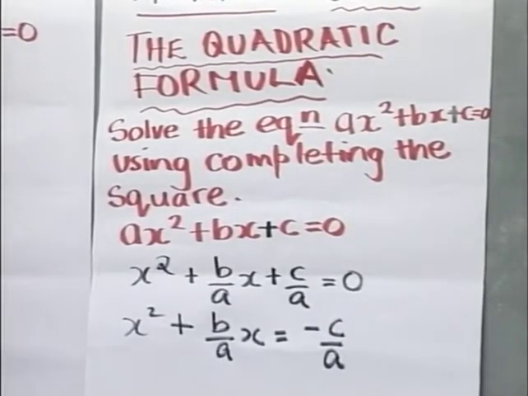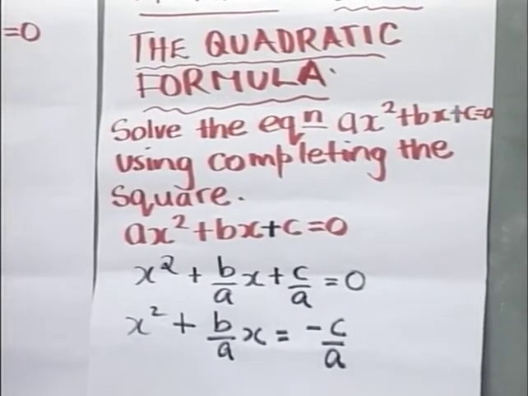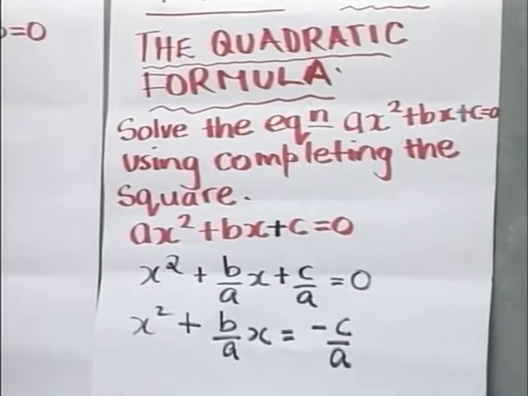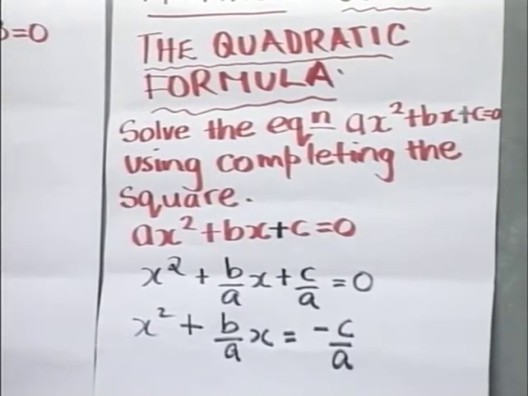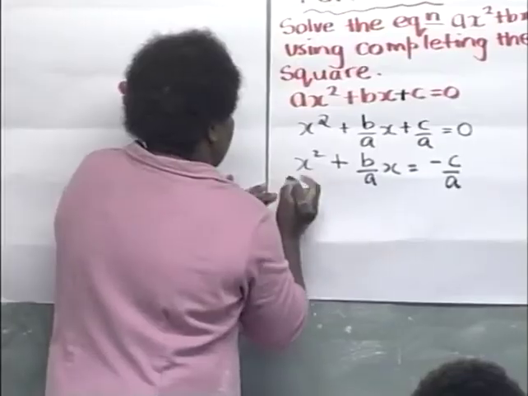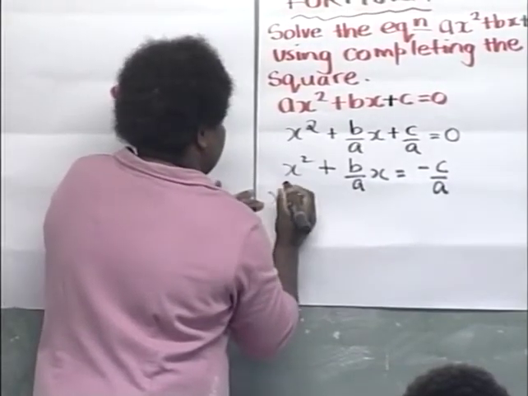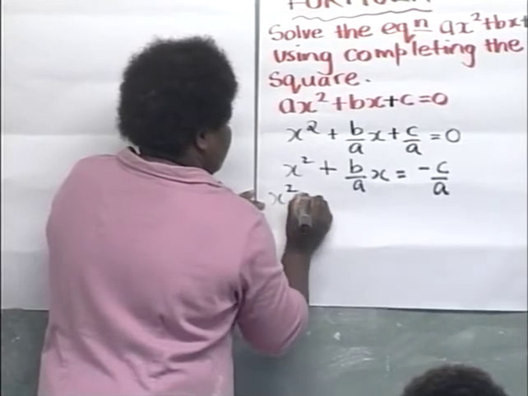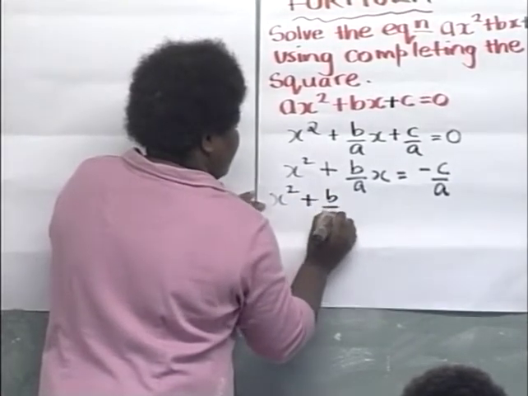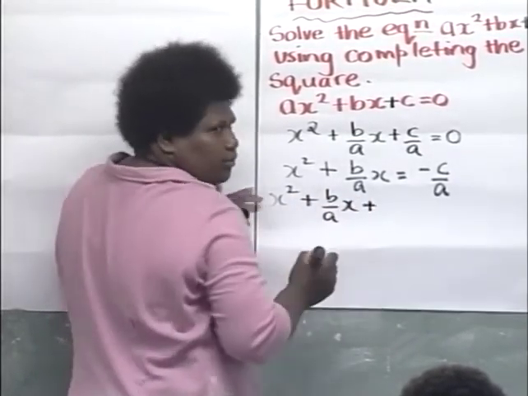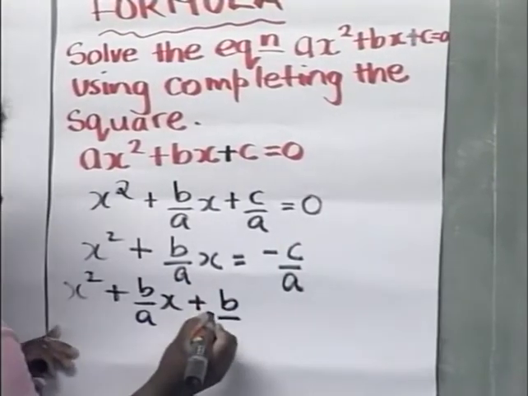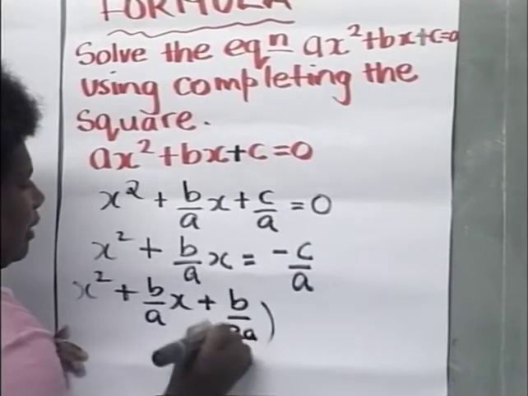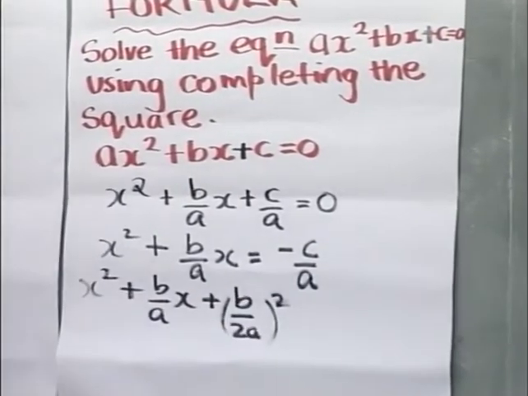Half of b over a. B over 2a. b over 2a, very good. Okay, so x squared plus b over a x. I now have to square b over 2a, and add it on both sides.